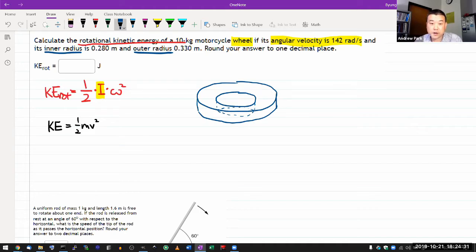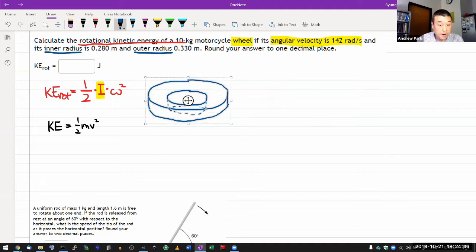This is where an idea called the superposition principle can be very useful. You have this donut-shaped object, and the idea of the superposition principle is that this donut shape can be decomposed into two parts.